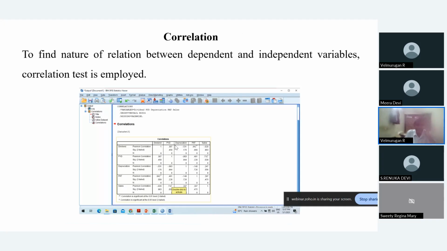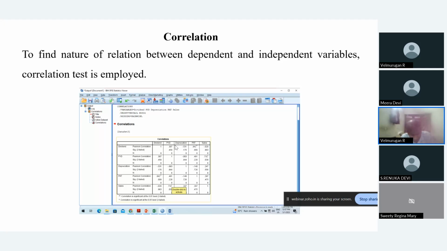Next is correlation. The purpose of correlation is to measure the nature of the relation between dependent and independent variables.